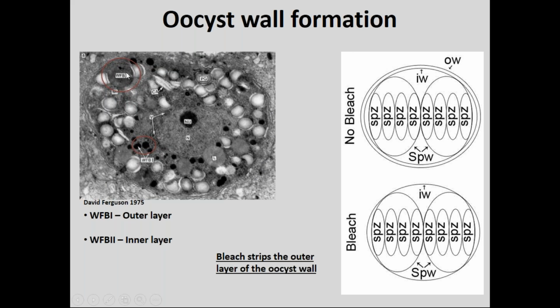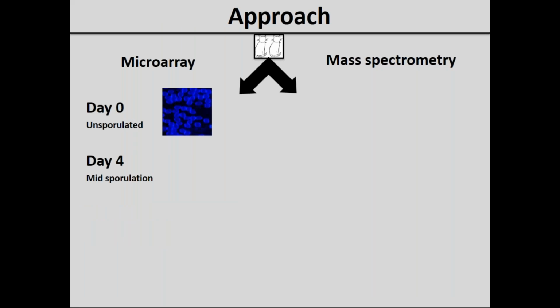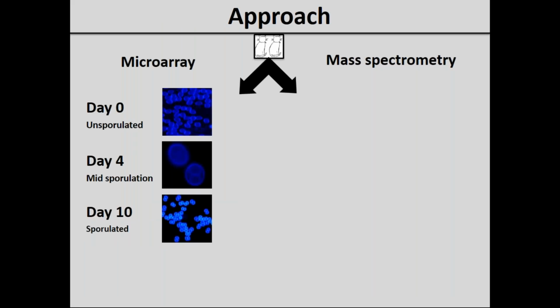There are these wall-forming bodies that are responsible for forming first the inner layer, which is the wall-forming body 2 goes first out to form the outer layer, the contents, and the wall-forming body 1 for the inner layer. So this is probably more detail than you need, but will help to give you the background necessary to understand these experiments. So I took the approach of looking at both gene expression.